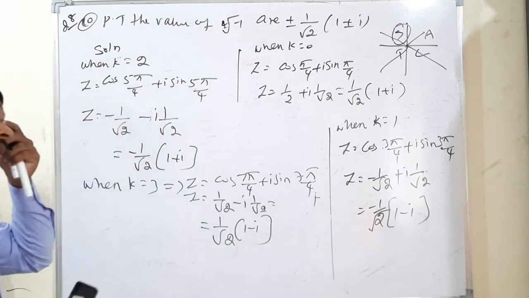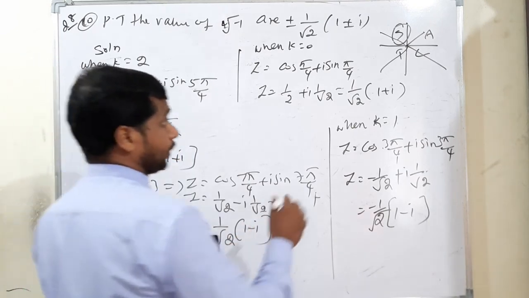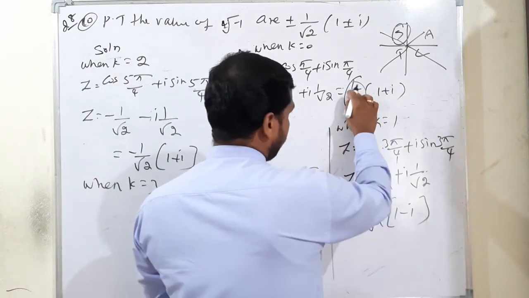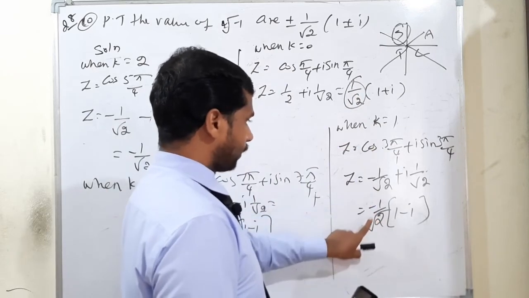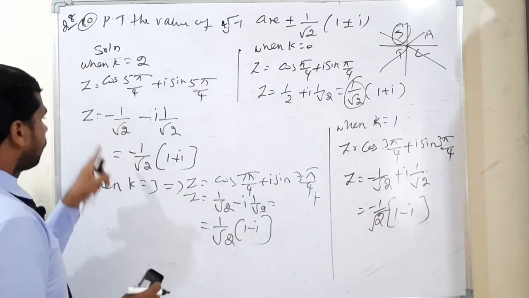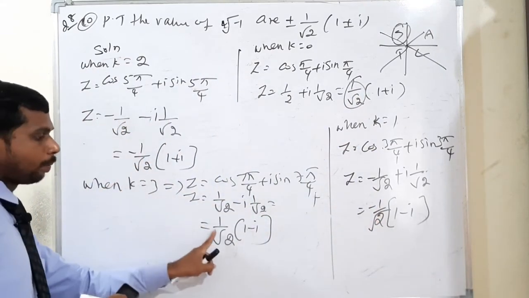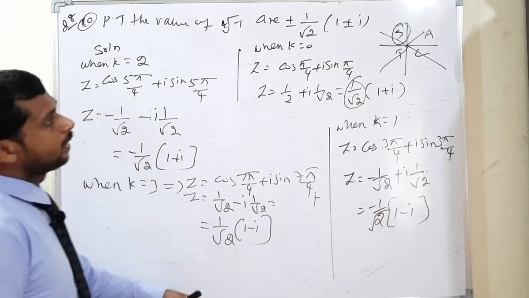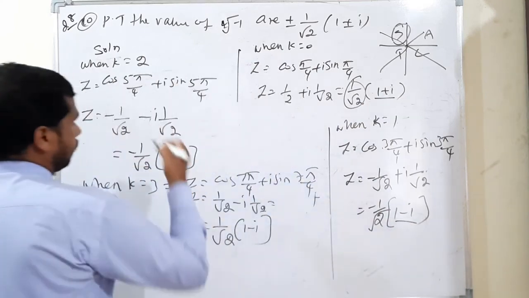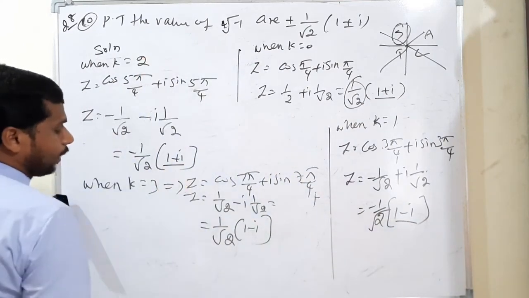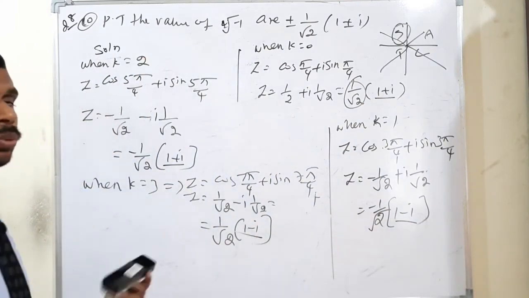Look at that, when k is equal to 0, what are the roots? When k is equal to 0, positive 1 by root 2 outside, 1 plus i; when k is equal to 1, negative 1 by root 2 outside, 1 minus i; as well as here, k equal to 2, negative 1 by root 2 outside, 1 plus i; k equal to 3, positive 1 by root 2 outside, 1 minus i.